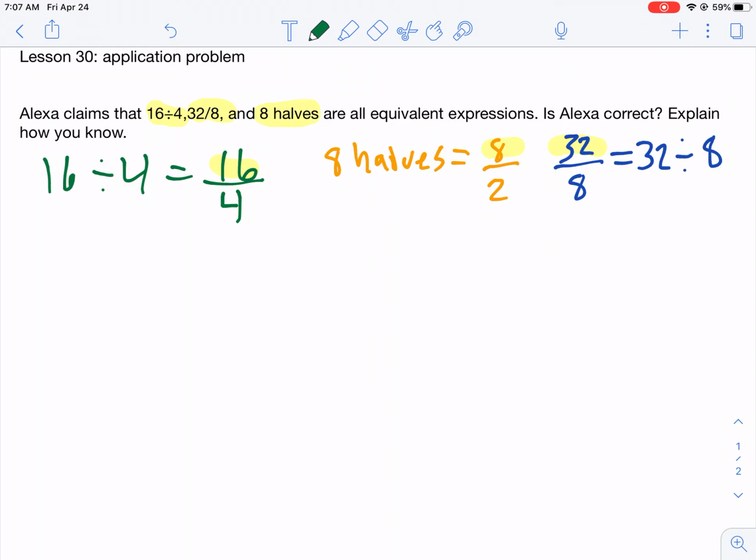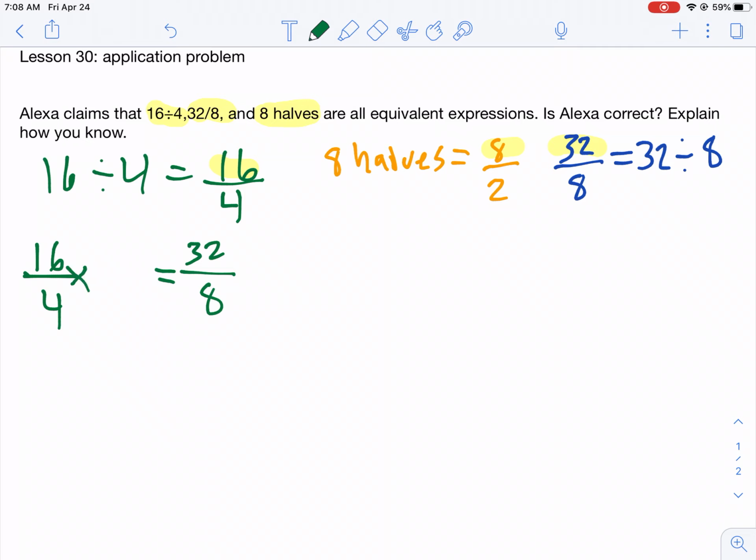Okay, if we have 16 fourths, is there any way we can do something to that? We can multiply something to equal 32 eighths. What can we multiply 16 over 4 by?